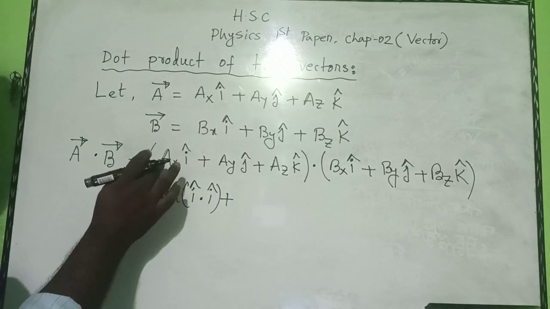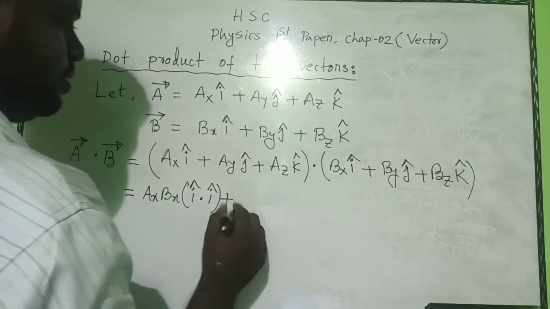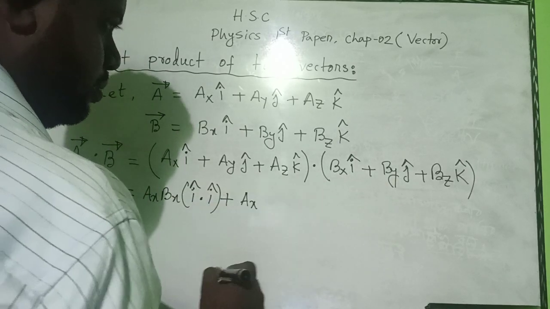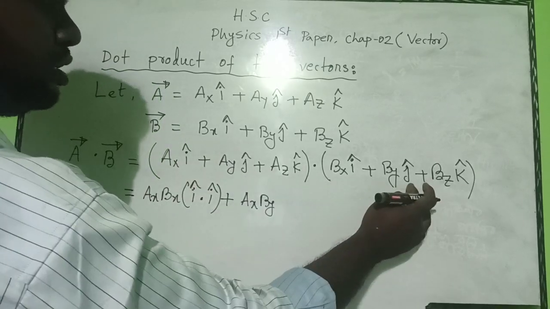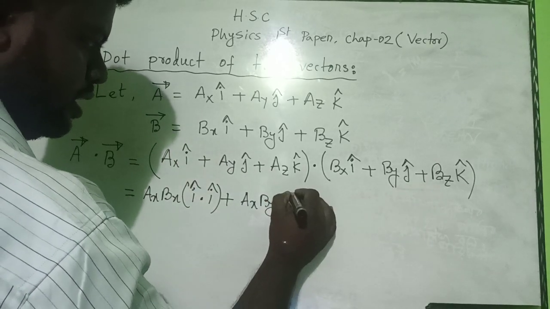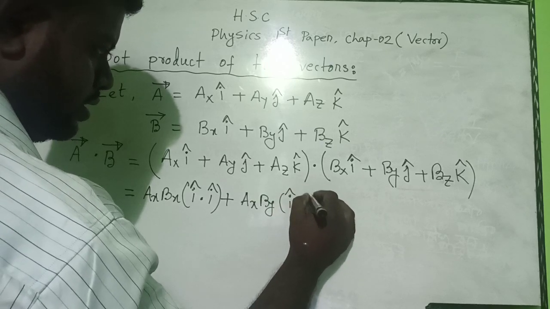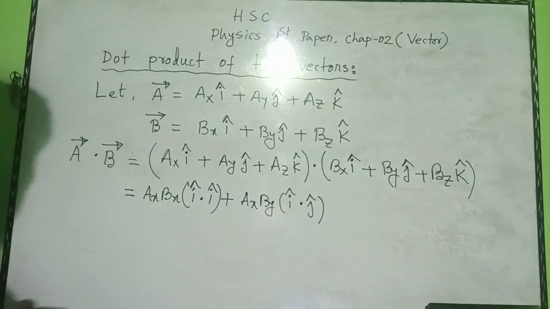Plus this one into this one, keep multiplying: ax by, i dot j.